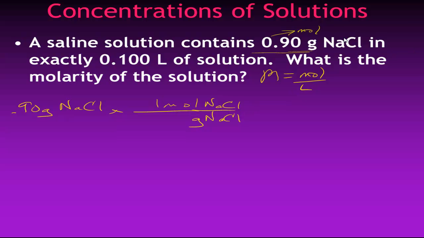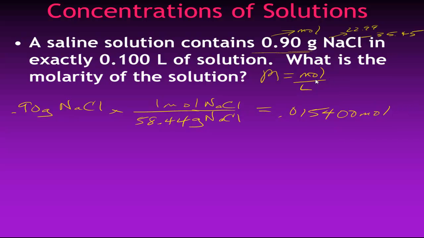If I add up the sodium, which is 22.99, and the chlorine, 35.45, I add those two numbers up, and I get 58.44. Okay. So 0.90 grams divided by 58.44 gives me 0.01540 and some other numbers, and that is moles.